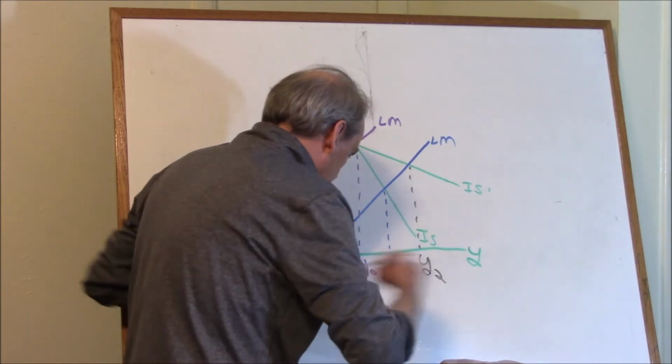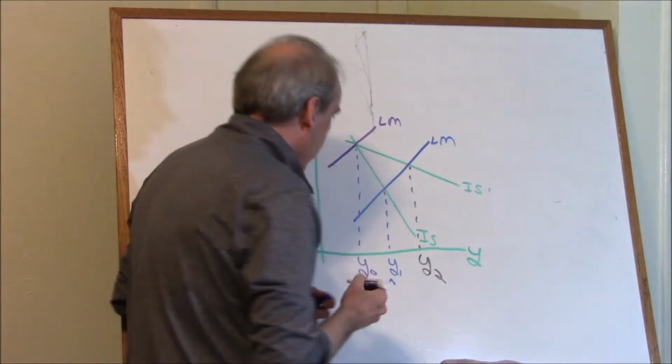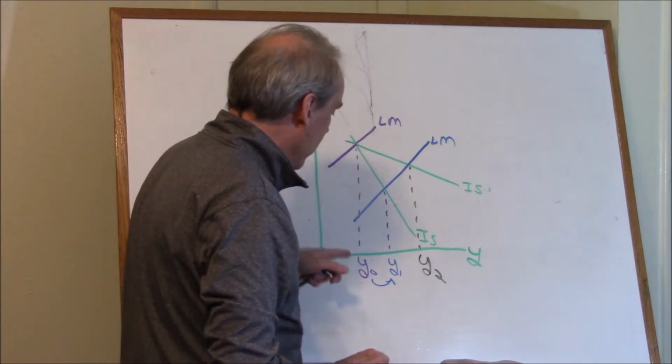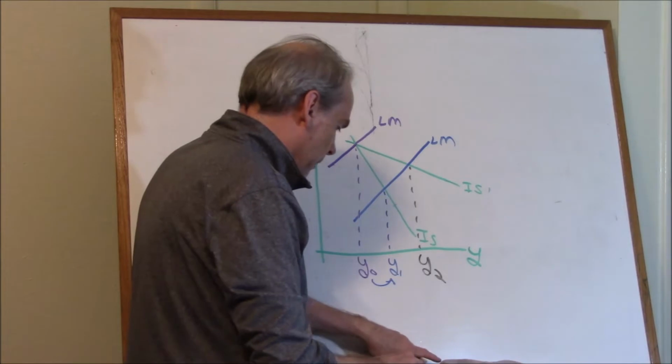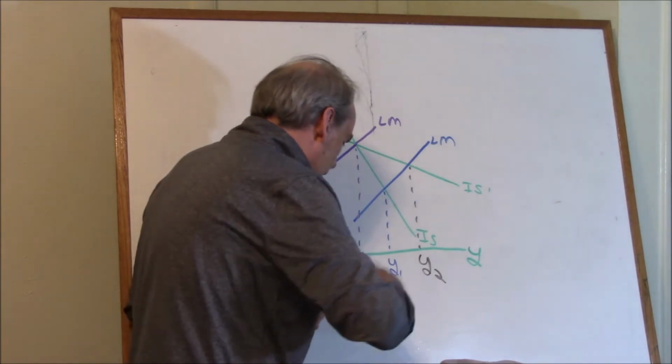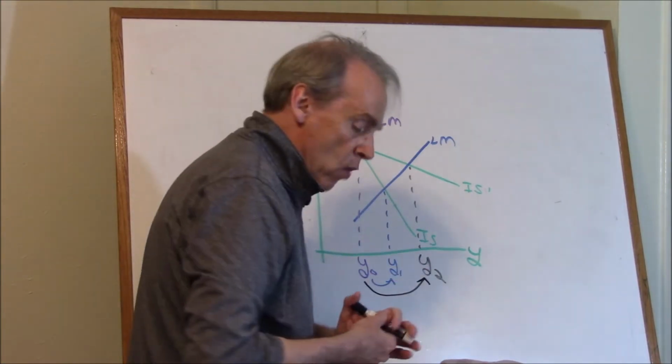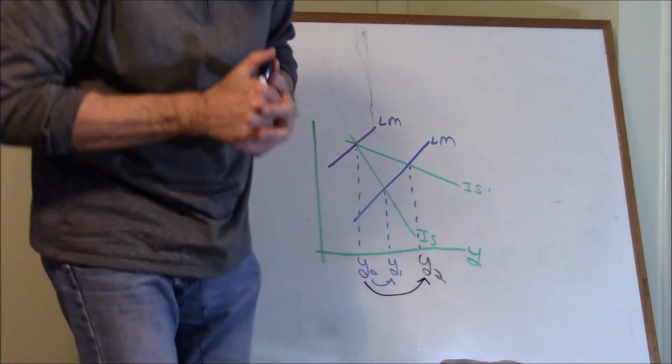Notice that the steep IS curve only got us from y sub 0 to y sub 1, but the flat IS curve, the interest-sensitive IS curve, got us from y sub 0 to y sub 2, all right?